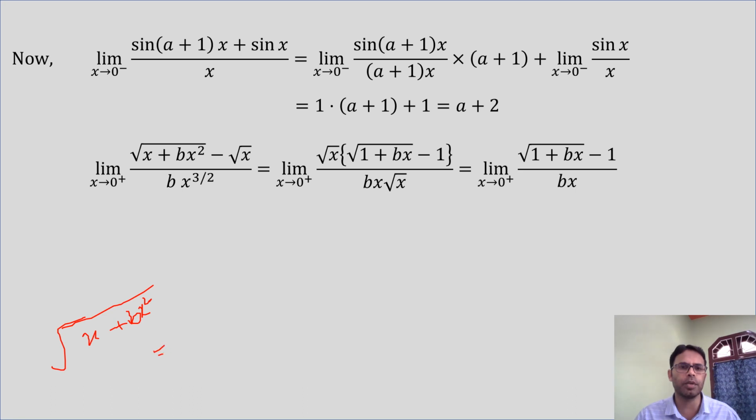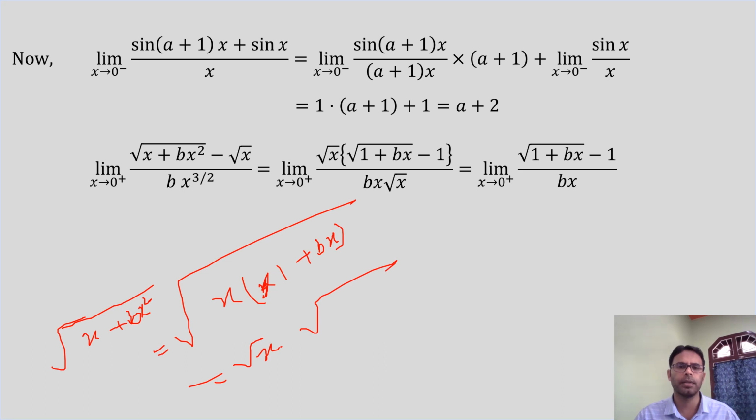So if you take x common inside the radical sign, it is not x, it is 1 plus bx, then it can be written like this: root x into root over 1 plus bx.